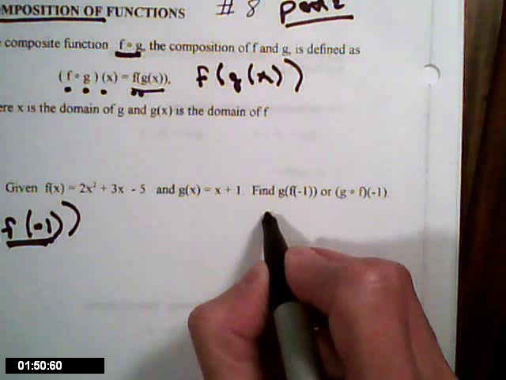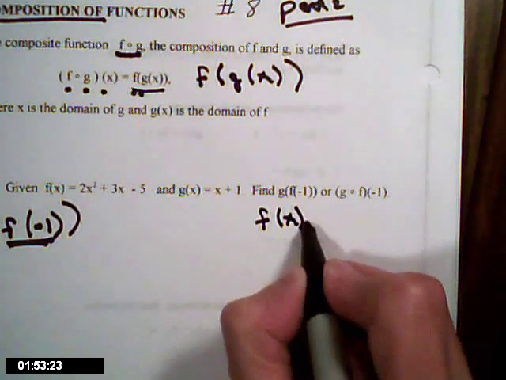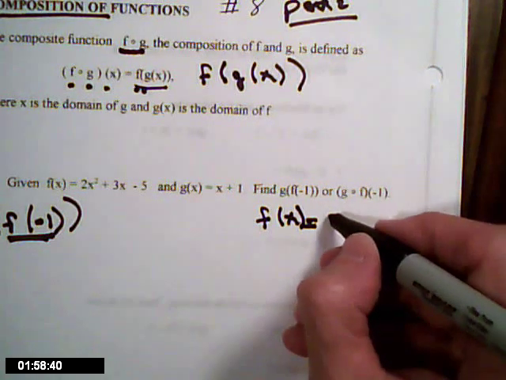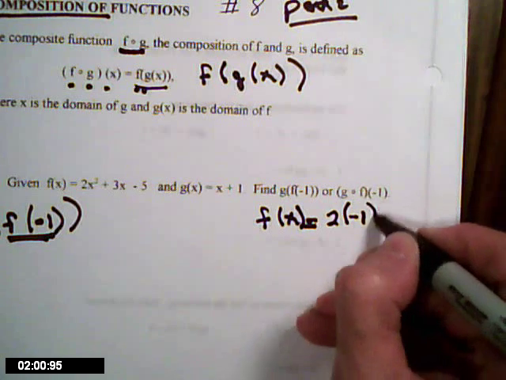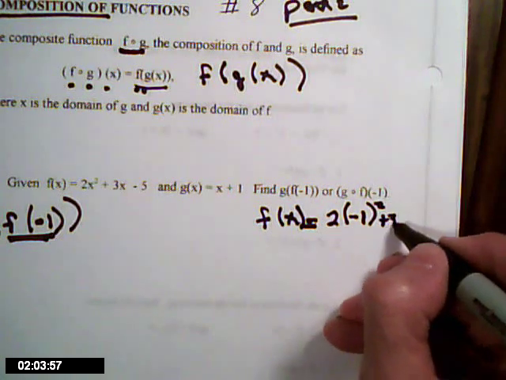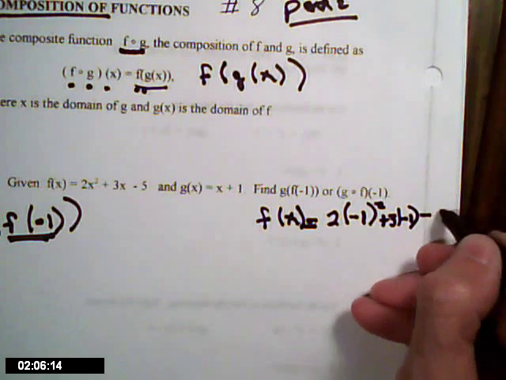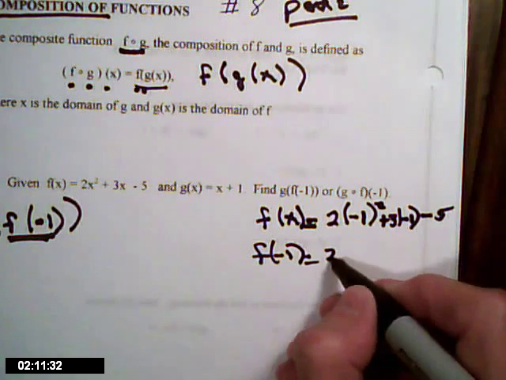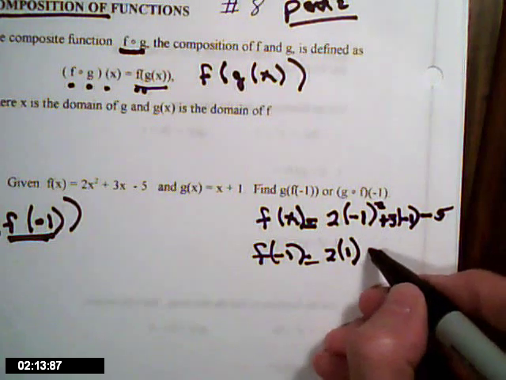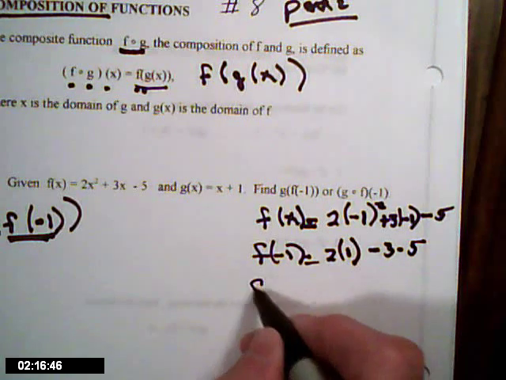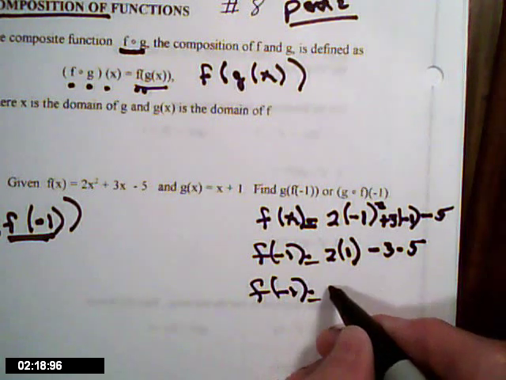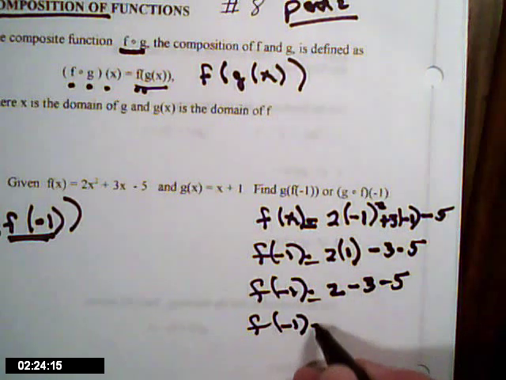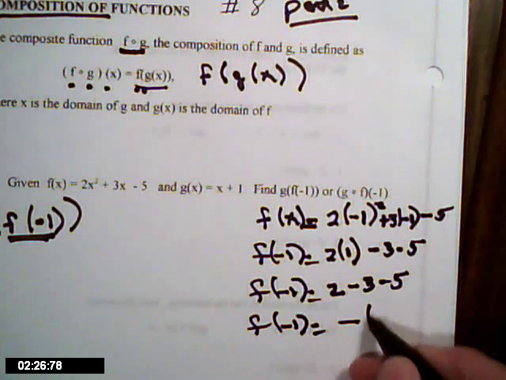I go to f of x, and every time there's an x, I put in a -1. So 2 times -1 squared plus 3 times -1 minus 5. That's 2 times 1 minus 3 minus 5, or 2 minus 3 minus 5, so f of -1 is -6.